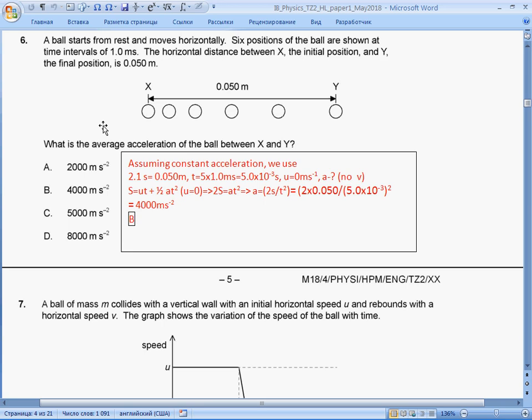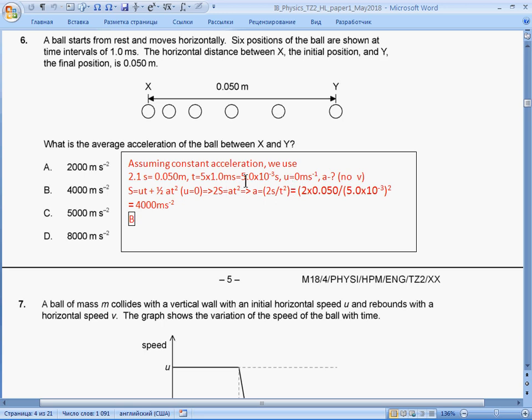So here velocity is u cosine theta, multiplied by mass gives us momentum, mu cosine theta, so the answer is B. Here a ball starts from rest, and the time interval between positions is 1 millisecond. What is the average acceleration? Assuming constant acceleration, from section 2.1 we should choose a formula. We know s, we know time: 6 positions make 5 time intervals.